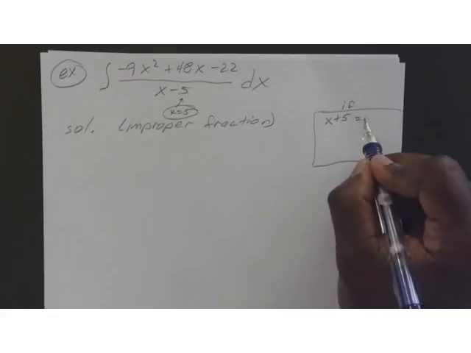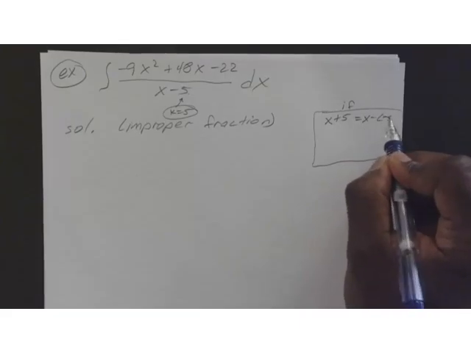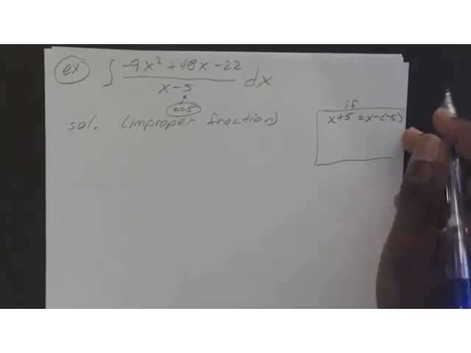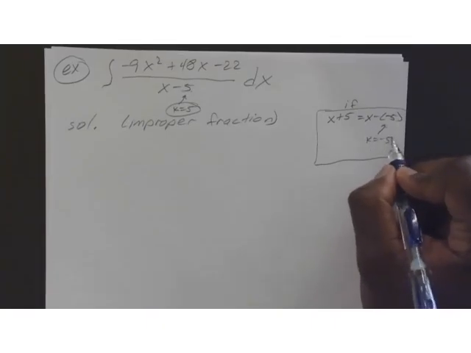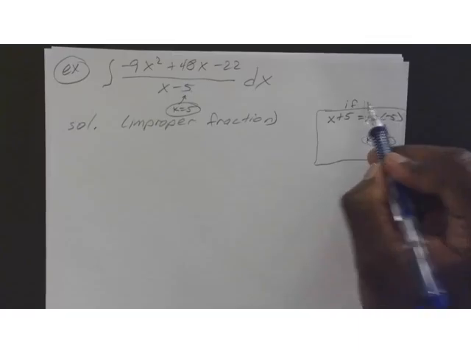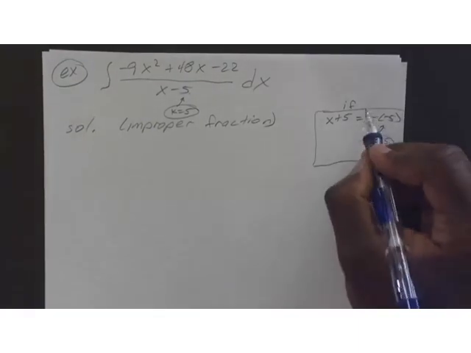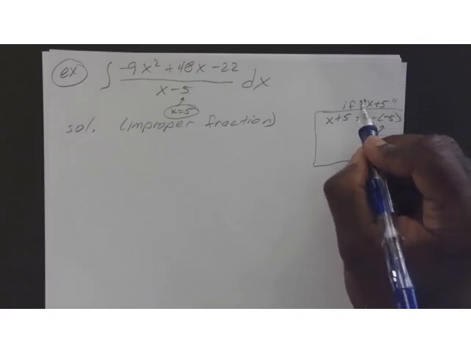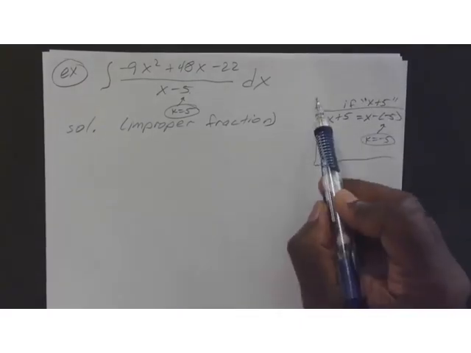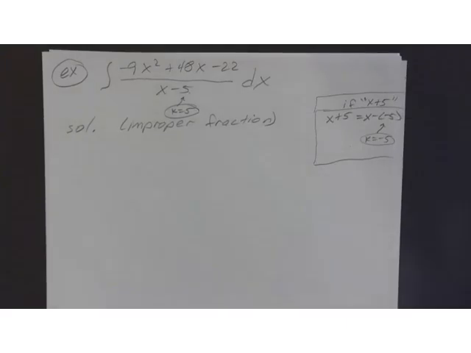Then you're just going to rewrite it as x minus negative 5. And in this case, your k would be negative 5. Okay, so that's just a side note. That's not really involved in solving this one.